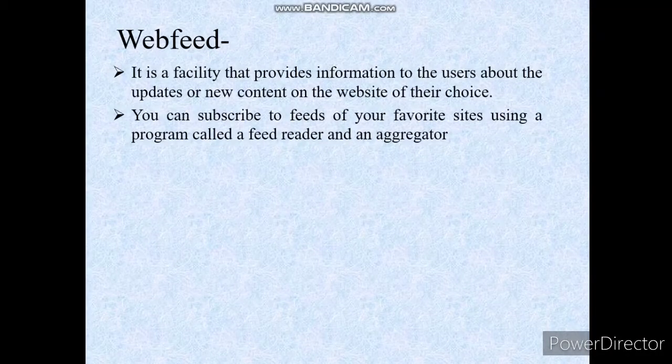When you subscribe to any web feed, you will notice the icon on a web page to indicate that a web feed is available, which is mentioned on page number 125.